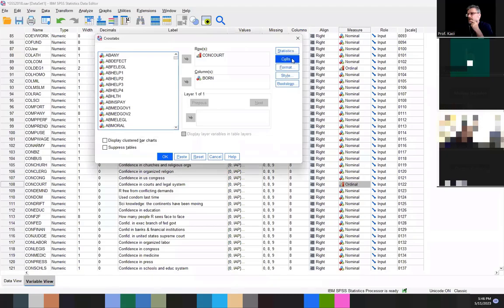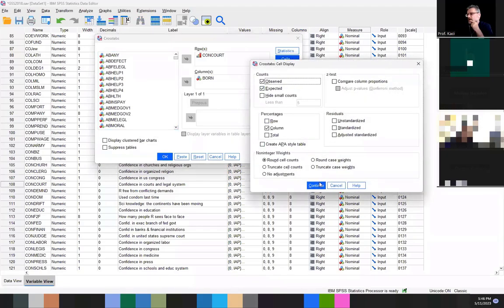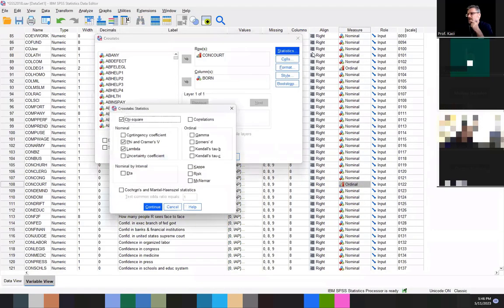Crosstabs, cells, expected column, fine. And statistics, instead of phi and Kramer's V and lambda, we're going to go to ordinal now. Or should I? Which one of these should I do?